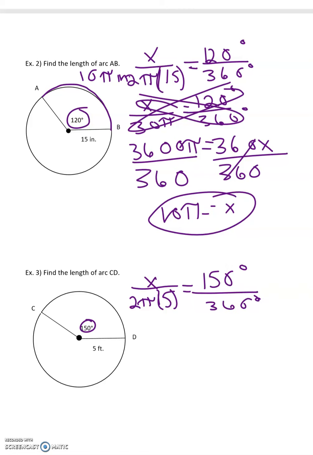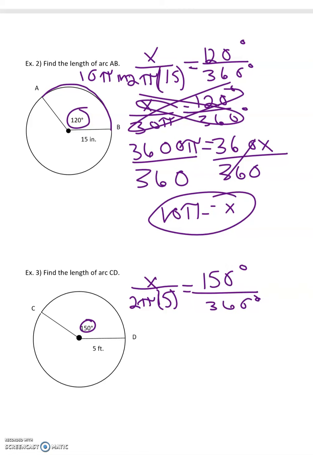So then we have x over 10 times pi equals 150 degrees over 360 degrees. So cross multiply. 10 times 150 is 1500 pi equals 360x. And to solve for x, divide by 360 on both sides again.